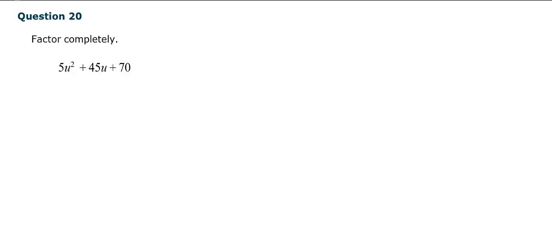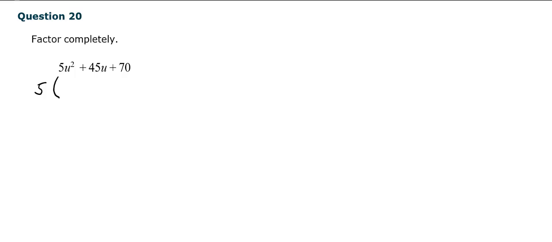Factor completely 5u squared plus 45u plus 70. Remember, the first step in all factoring problems is to remove the greatest common factor. In this case, 5 can divide into 5, 45, and 70, so we're going to remove the 5 from each.